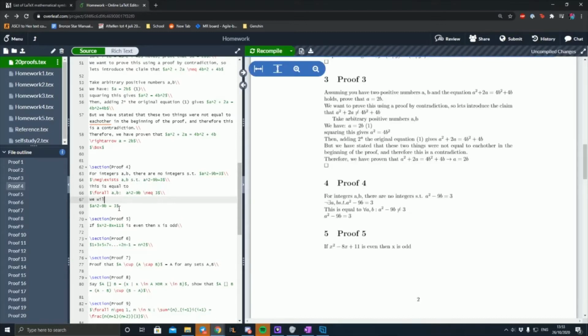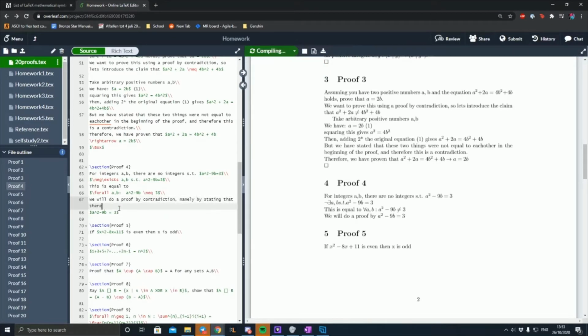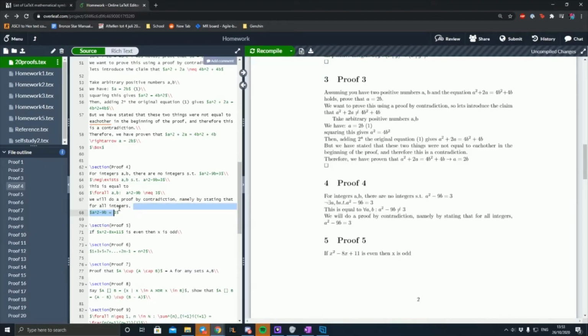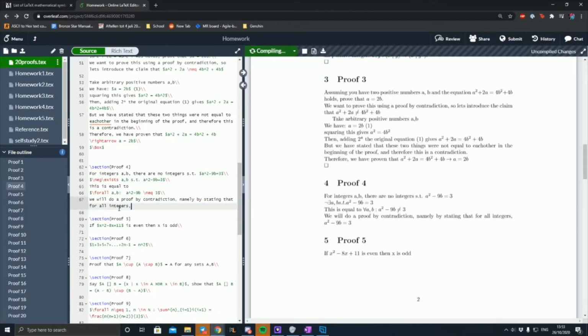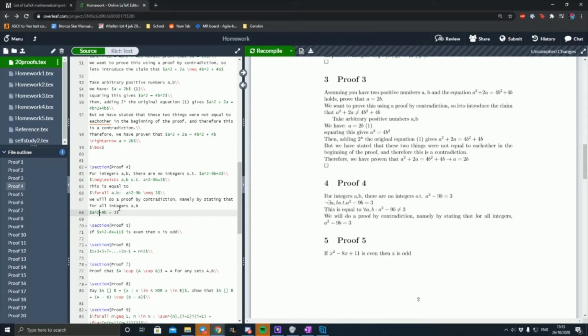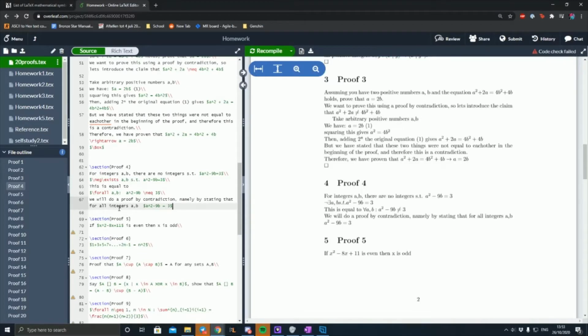Okay, and then we will do a proof by contradiction, namely by stating that for all integers a, b, this holds.